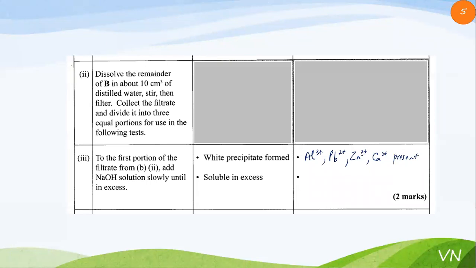All right, when it is soluble in excess, then we can eliminate the calcium. So it's either aluminum 3 plus, lead 2 plus, or zinc 2 plus ions present. If it was insoluble, on the other hand, then we could have made just one inference, that one ion is present, which would have been the calcium 2 plus ion.